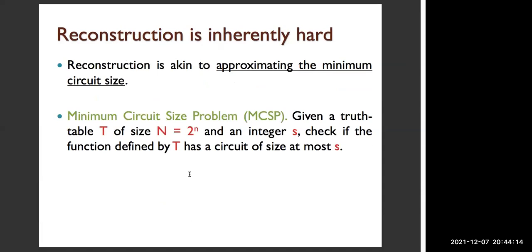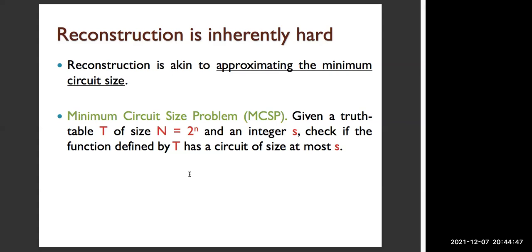Unfortunately, I think there are plenty of evidences that suggest that reconstruction is an inherently hard problem. For lower bounds, we might still believe that we might be able to prove super polynomial circuit lower bounds. One might be optimistic about this. But as far as learning goes, it seems that it is an inherently hard problem, irrespective of whether or not we're able to prove lower bounds.